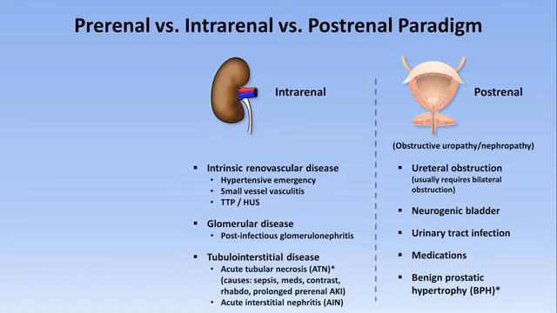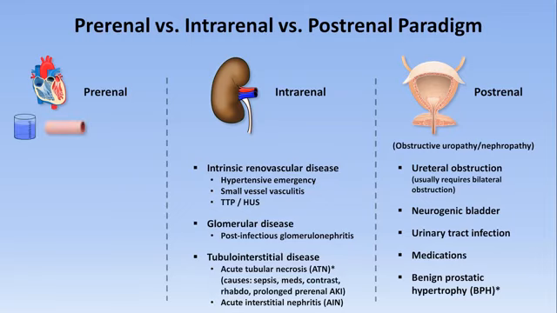And just as we have etiologies that occur downstream from the kidneys, we have those that occur upstream as well, which predictably lead to prerenal AKI. Prerenal AKI is due to some problem with getting blood to the kidneys. This can be a primary cardiac issue, an issue with the blood vessels, or an inadequate volume of blood circulating.